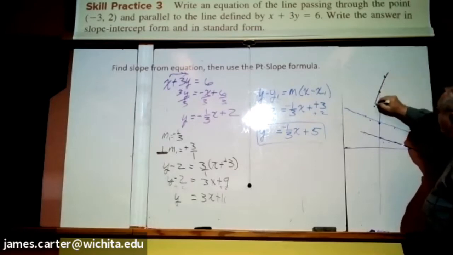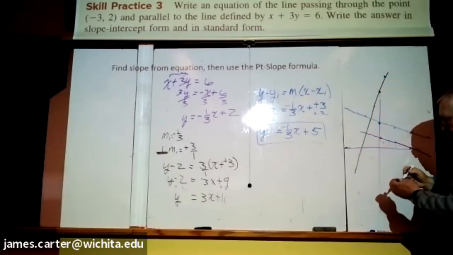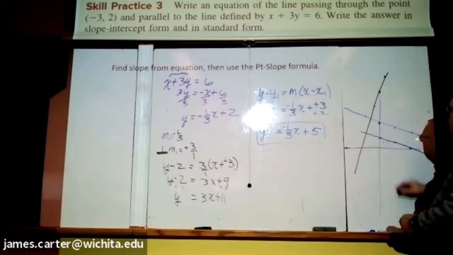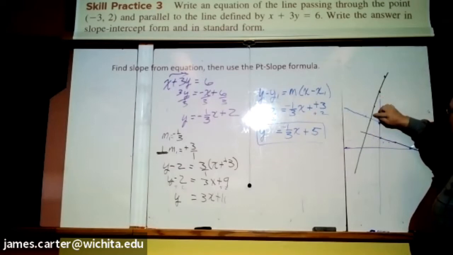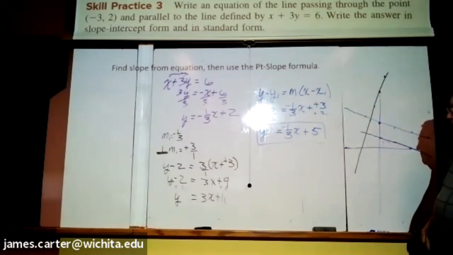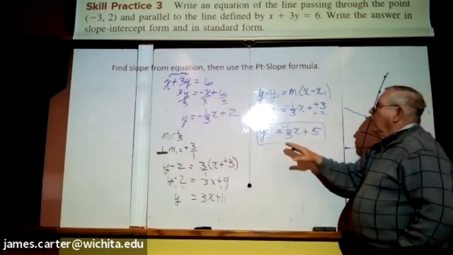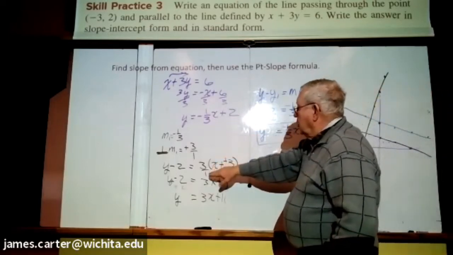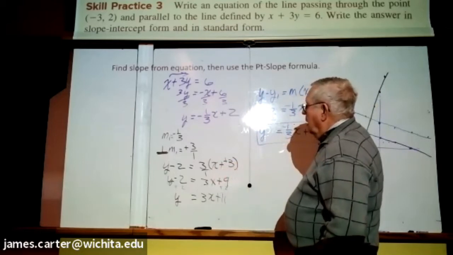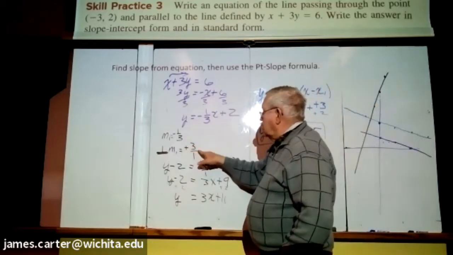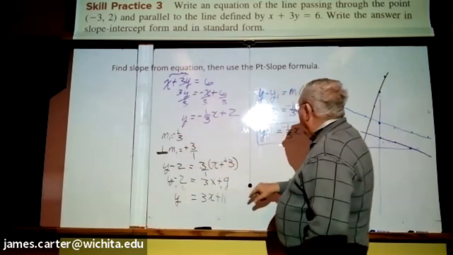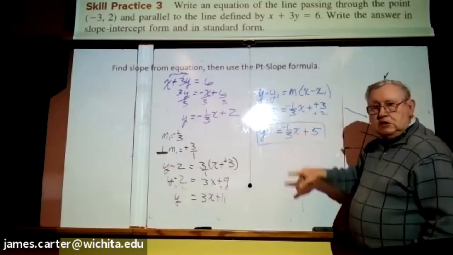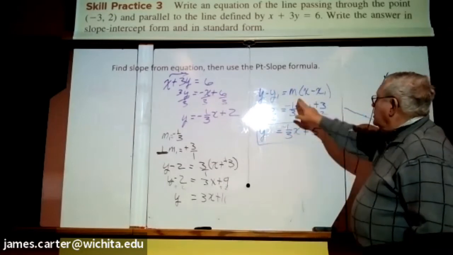And this one's going to be going at this angle, which if you look at this line compared to that one, they meet at a right angle. So either way, you're going to use the point-slope formula. The only difference is going to be the slope, whether it's the opposite reciprocal or whether it is the same slope. And then use the point-slope formula.